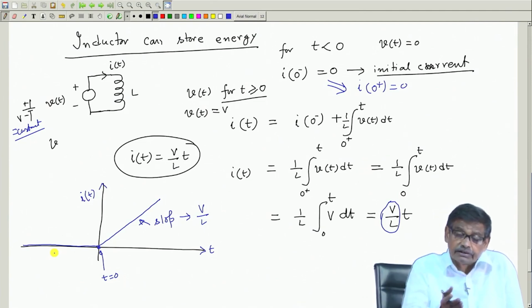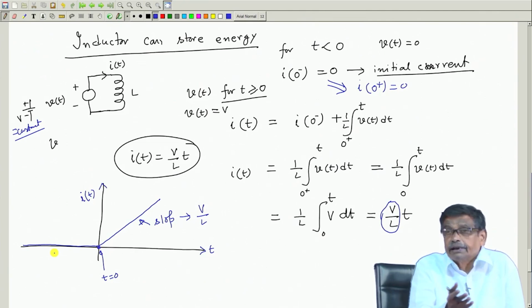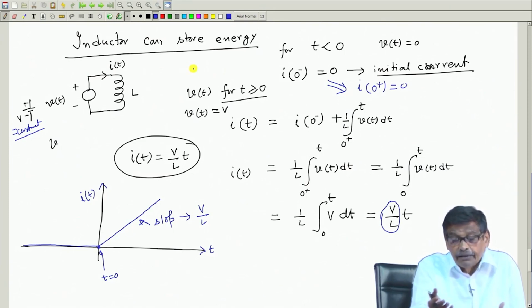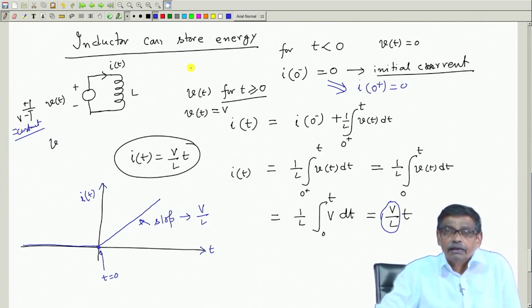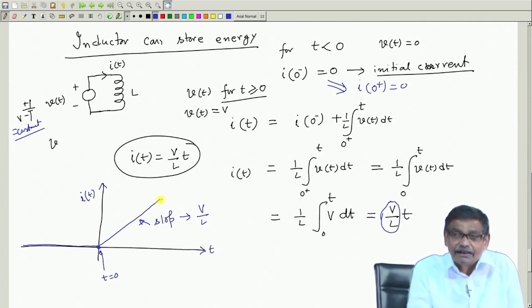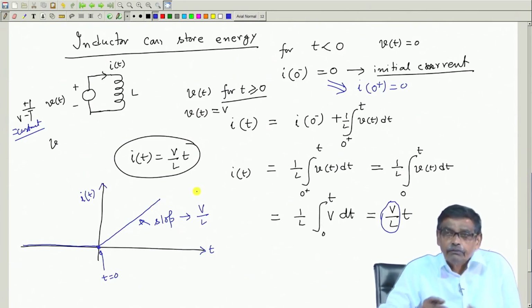Therefore, if you just keep a battery connected across a pure inductor, after some time you will see smoke will come out from this coil, because your coil cannot bear this current, there will be fire.